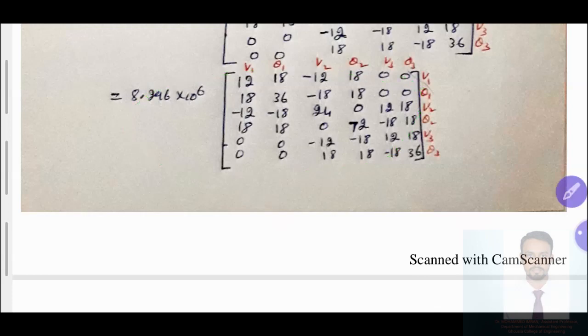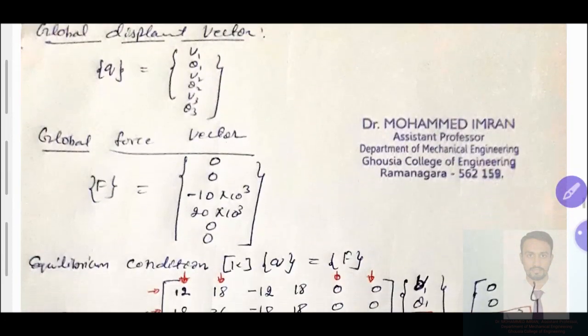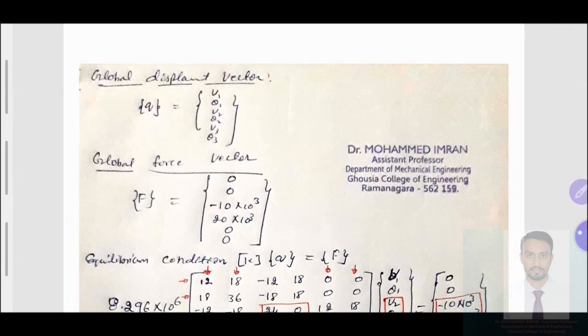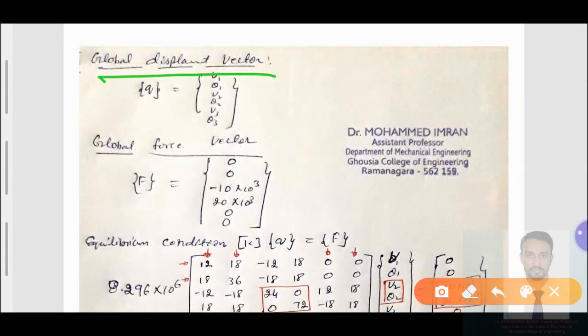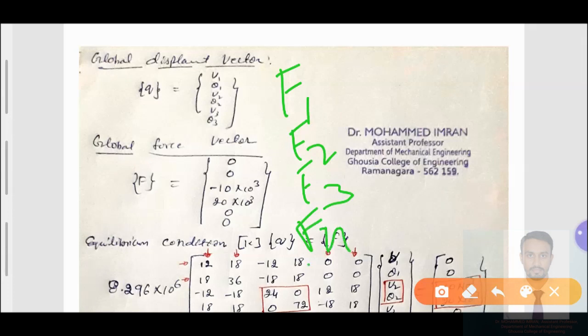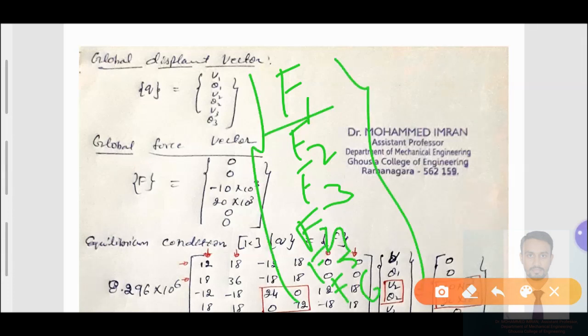After getting that global stiffness matrix for the given beam element, the global displacement vector is: at node number 1 V1 theta 1, at node number 2 V2 theta 2, at node number 3 V3 theta 3. Similarly I have shown in the force diagram F1, F2, F3, F4, F5, F6. We have transverse force, moment, transverse force, moment, transverse force, moment.